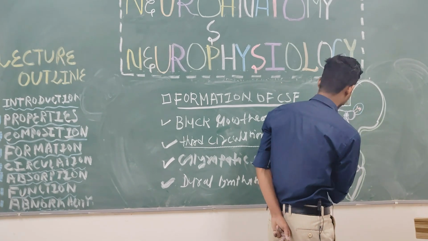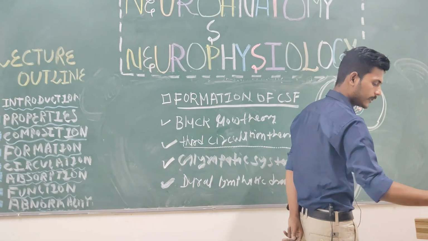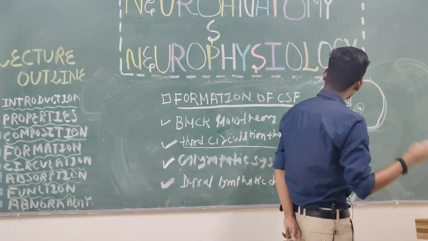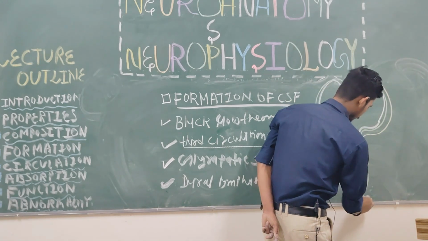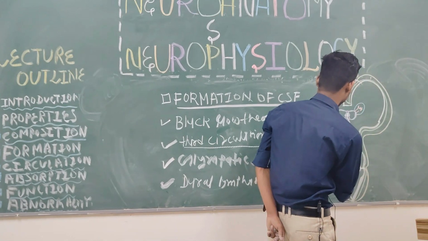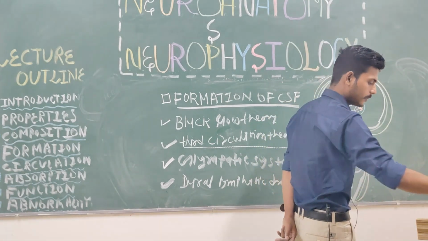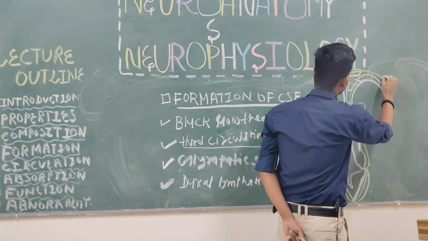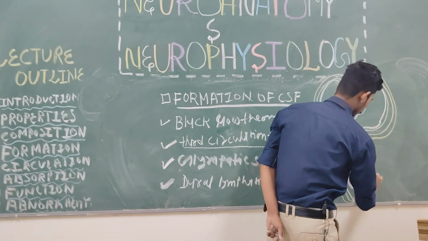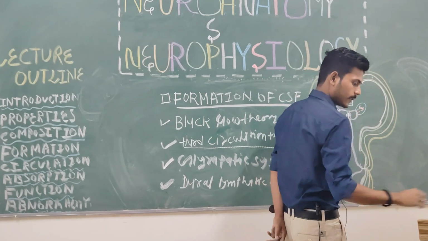This is your pia mater, this is your arachnoid mater, and above, the tough mother, which forms the dural venous sinus, is your dura mater.